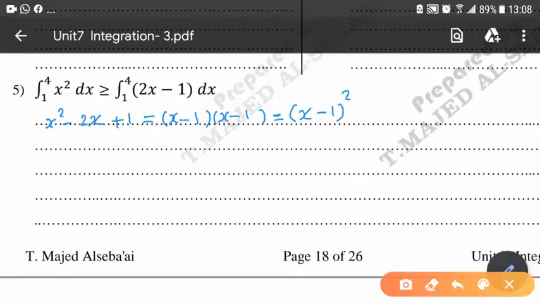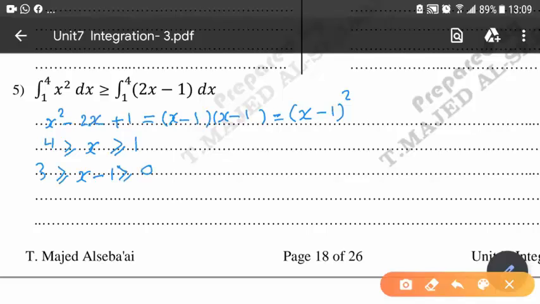Right? Now try to build this function. How can I build it? I will start by saying x is less than or equal to 4, more than or equal to 1. Now subtract 1 from each side. So it's going to be x minus 1. 1 minus 1 is 0. 4 minus 1 is 3.